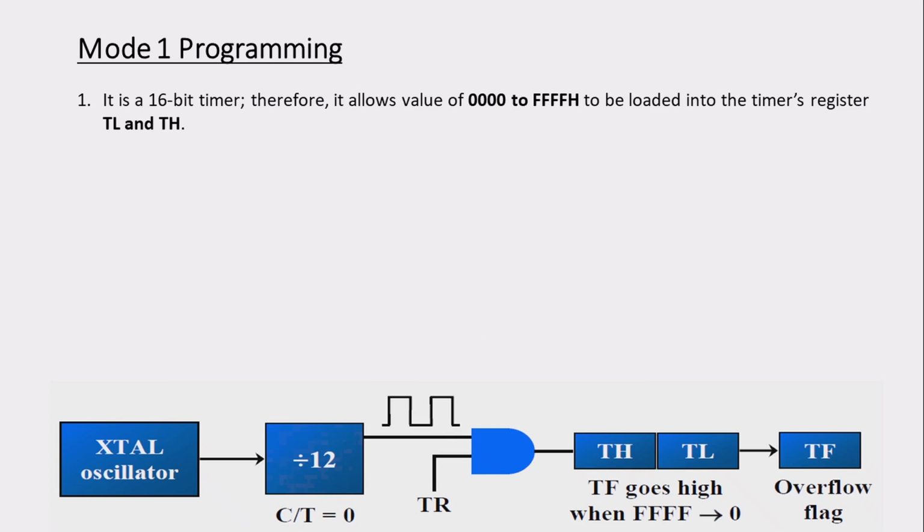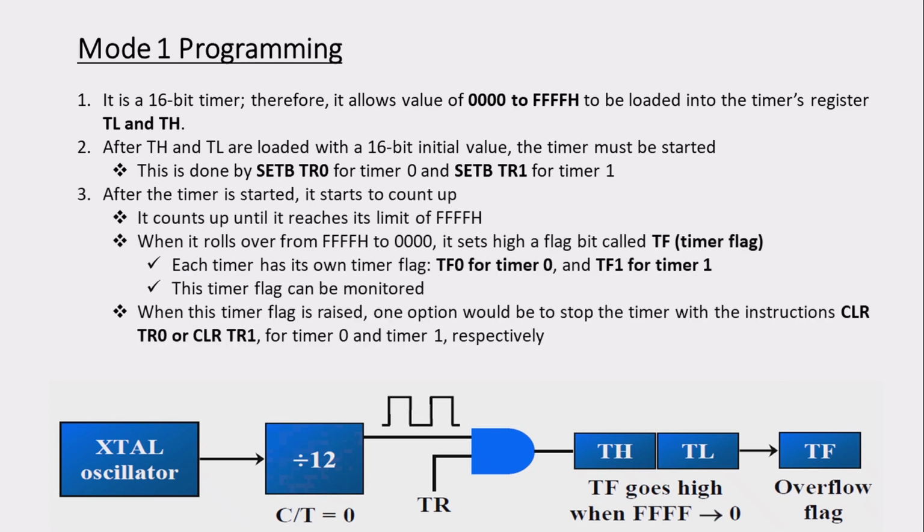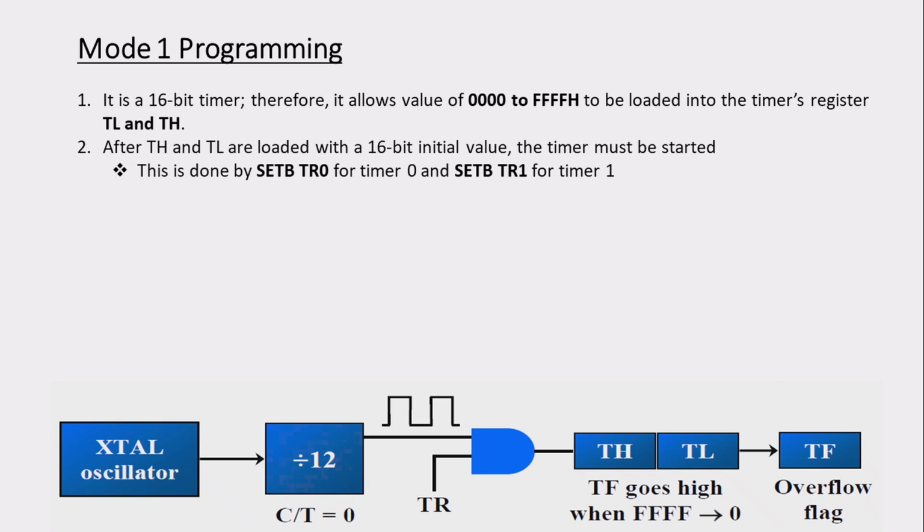As the first step, it is a 16-bit register, so the values will be given from 0000 hexa to FFFF hexa. Once we know what values are to be loaded, after that we should start our timer. Starting the timer is done by raising our TR bit to high.